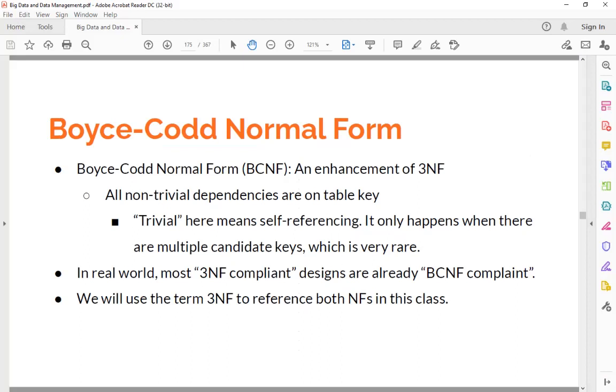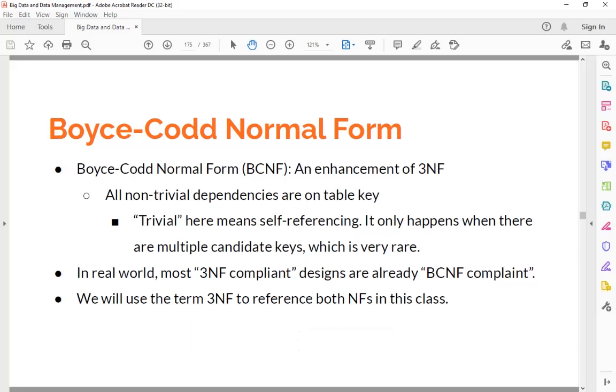now that we are third normal form compliant, you sometimes will hear the name Boyce-Codd normal form or BCNF. BC normal form is an enhancement of third normal form. It basically says all non-trivial dependencies are on the table key. Trivial here means self-referencing.